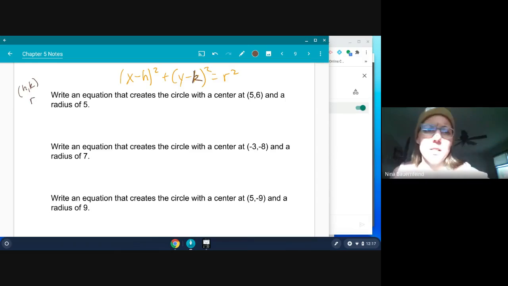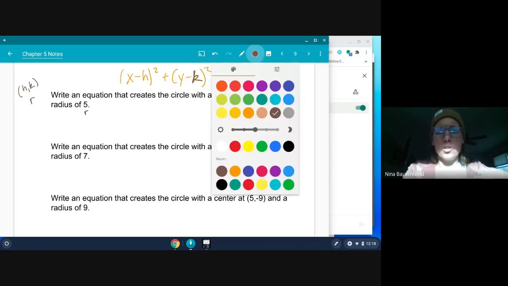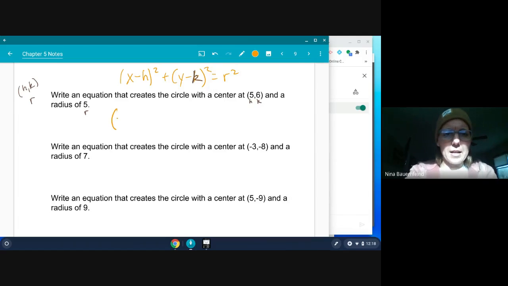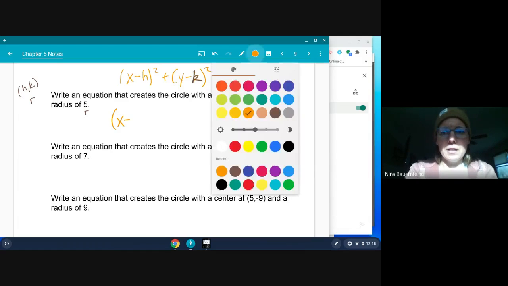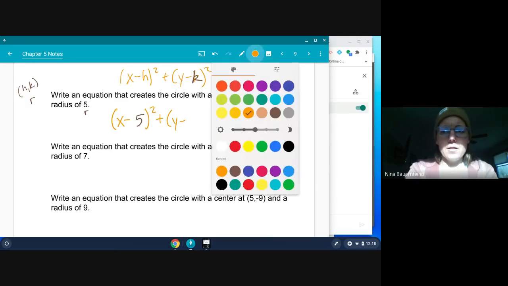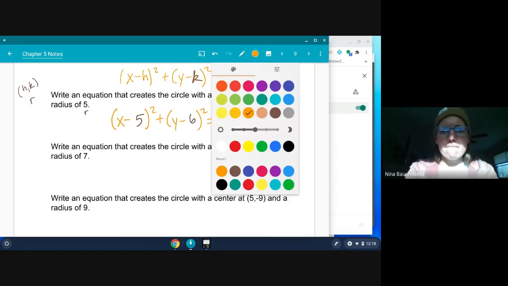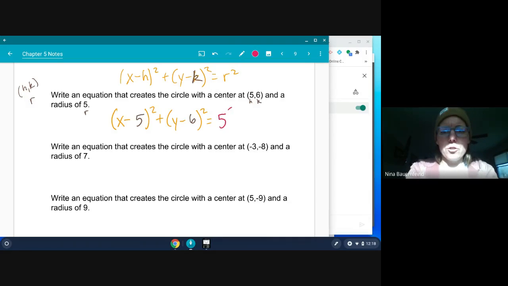So in these examples, it says write an equation that creates the circle with a center at 5, 6 and a radius of 5. So this is H, this is K, and this is R. So in our equation, we're going to go X minus H squared plus Y minus K squared equals 5 squared.